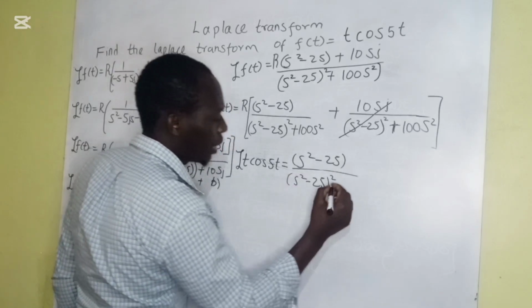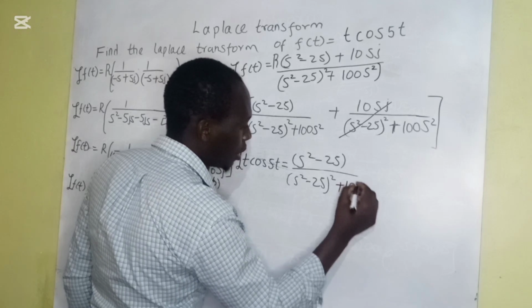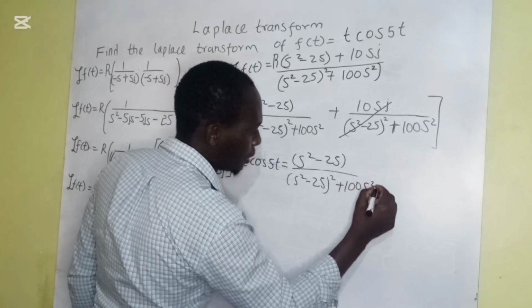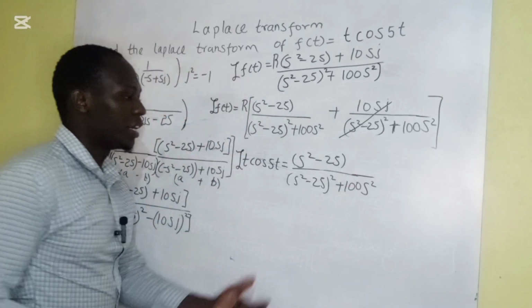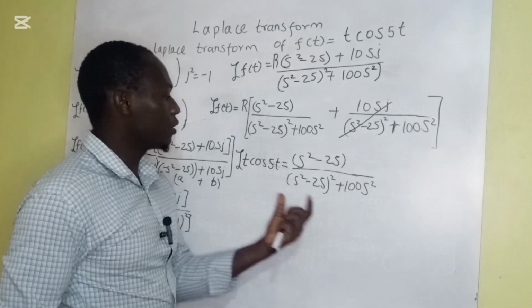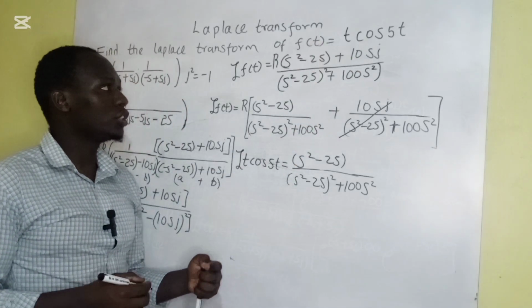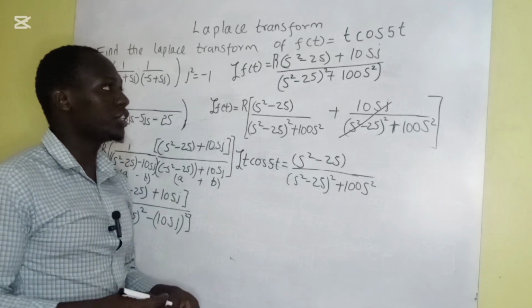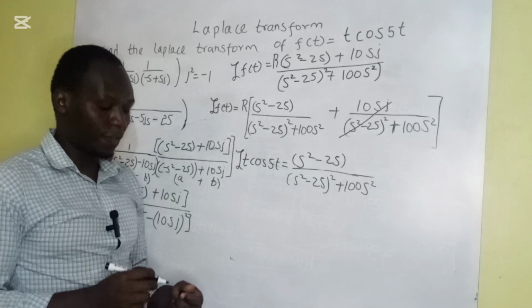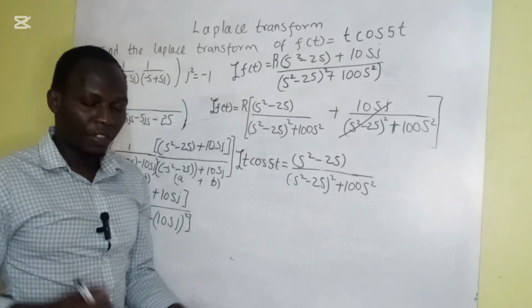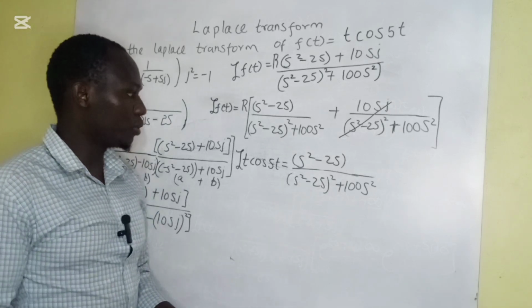Everything will be squared. We come and add to 100 s squared now. And this is how you go about finding the Laplace transform of our function f of t is equals to t cos 5t using the first principle formula.